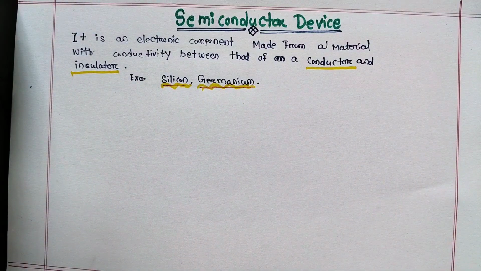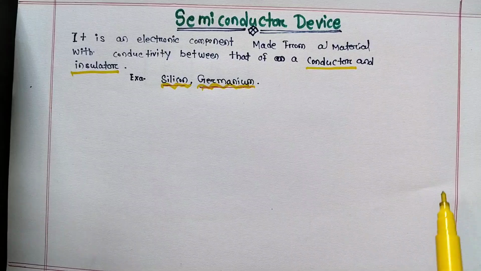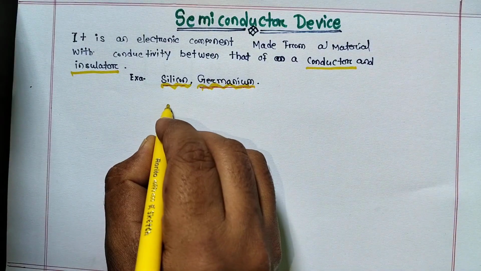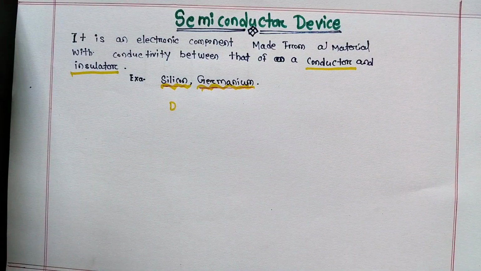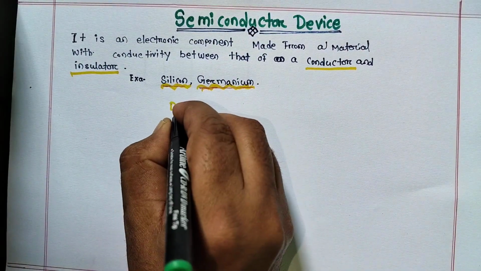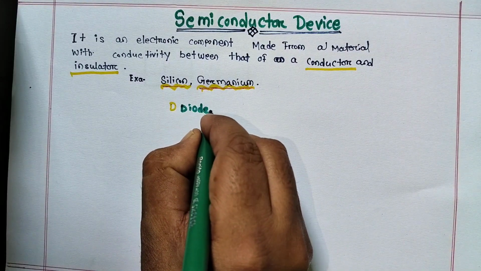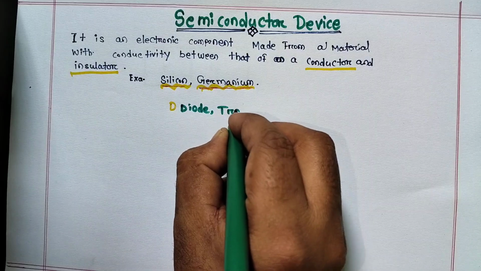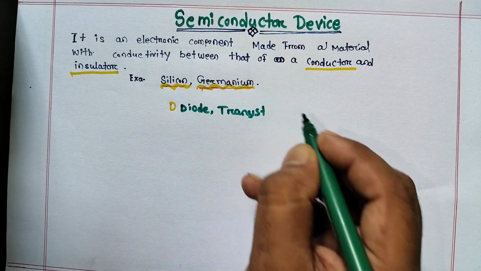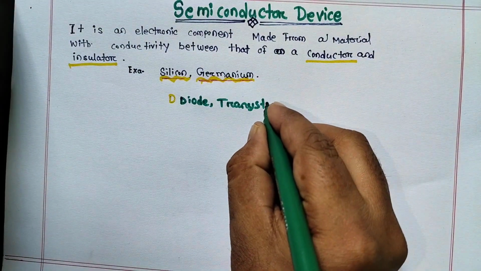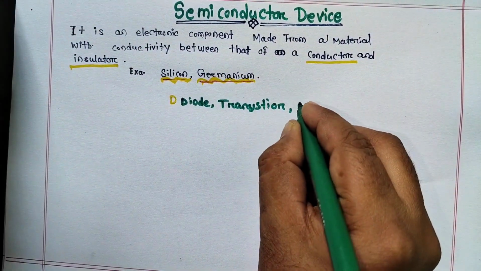But in the practical case we do not directly use the pure semiconductor. We are going to explain how. Semiconductor devices include individual components like the diode, transistor, and MOSFET.